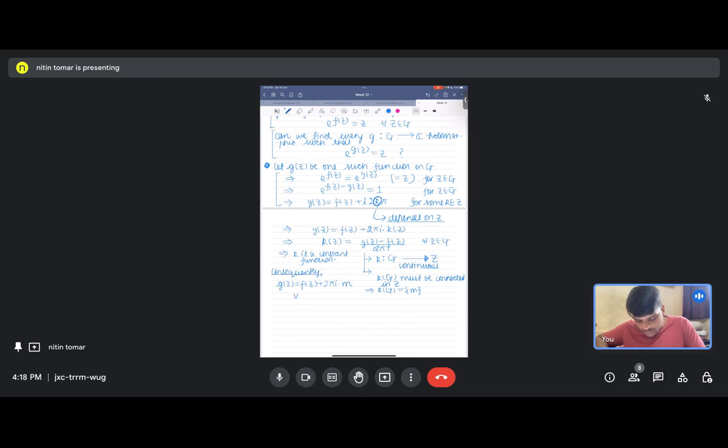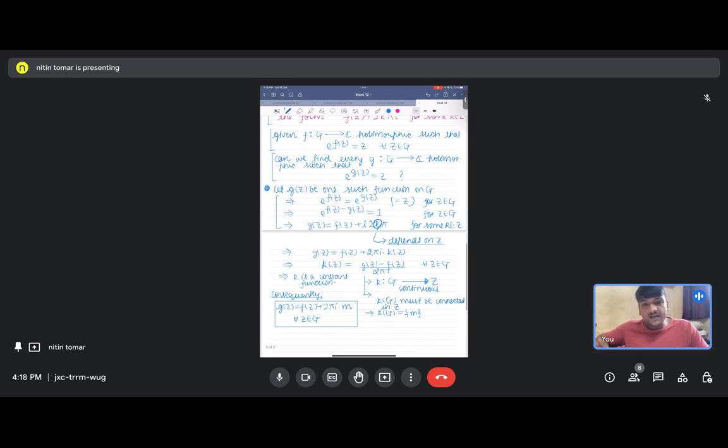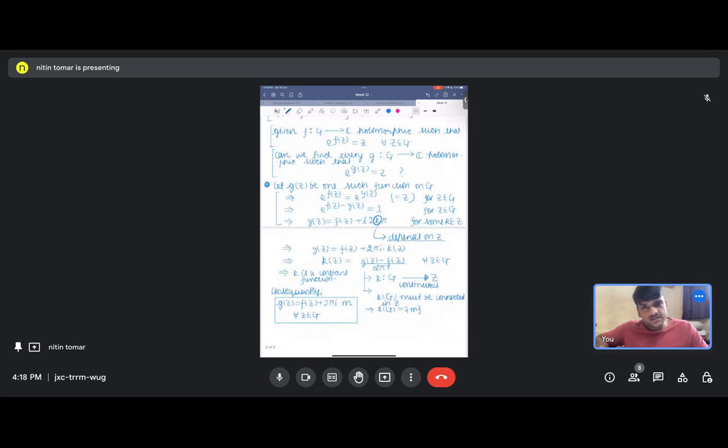This holds for every z in G, and this is precisely what we wanted to prove. Correct? So if you have one branch of logarithm, then any other branch is just a translation. Does this sound good to you?